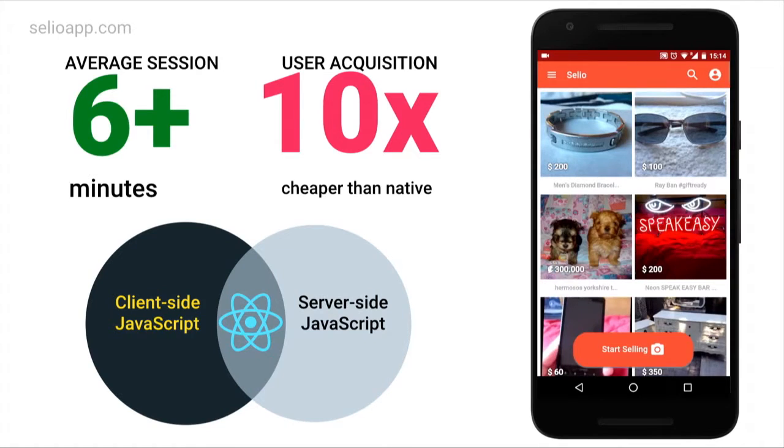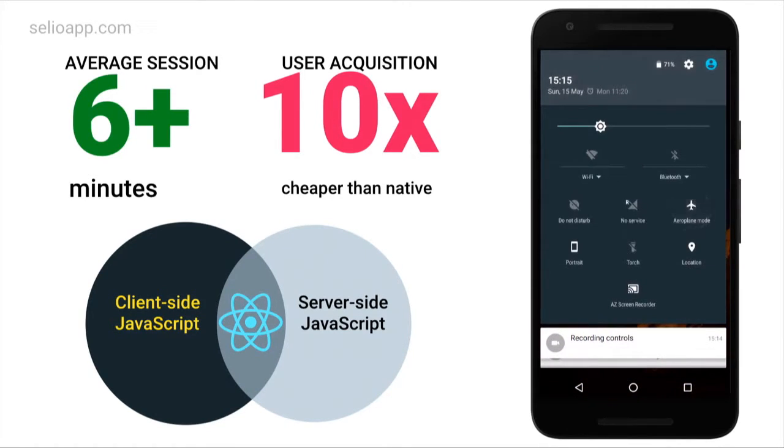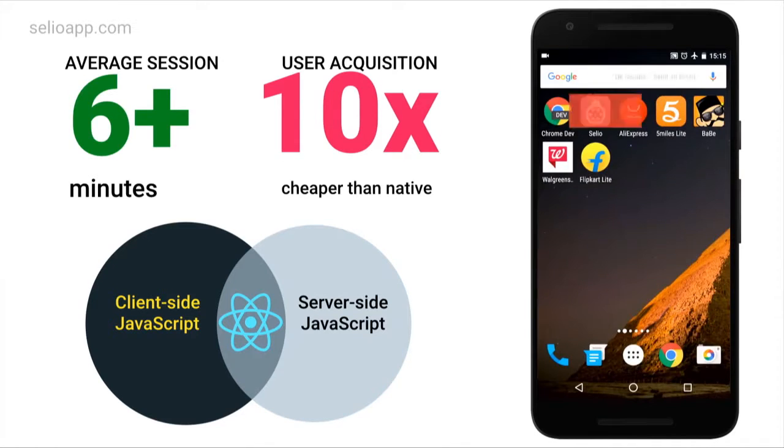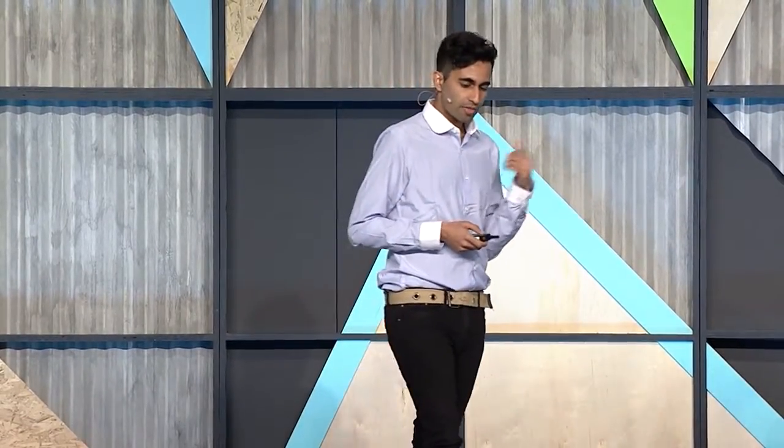They found that their average session length inside the progressive web app equals native. And they also found that the user acquisition costs were 10 times cheaper than native. Because they used web push notifications, they saw improved user retention. And they used server-side rendering and found that that reduced bounce rates with things like sharing posts and buying ads.